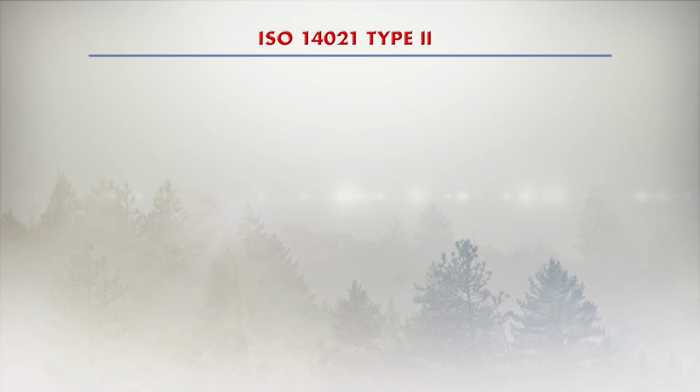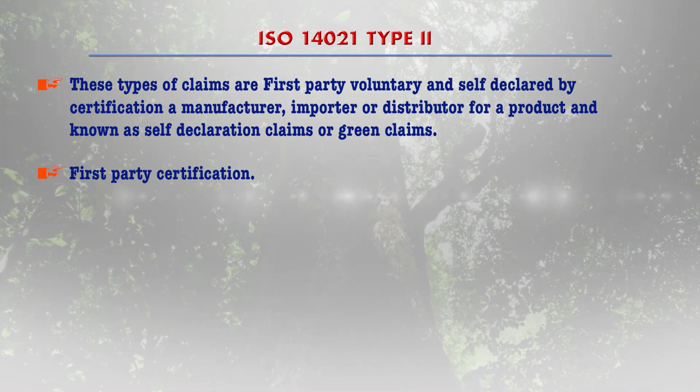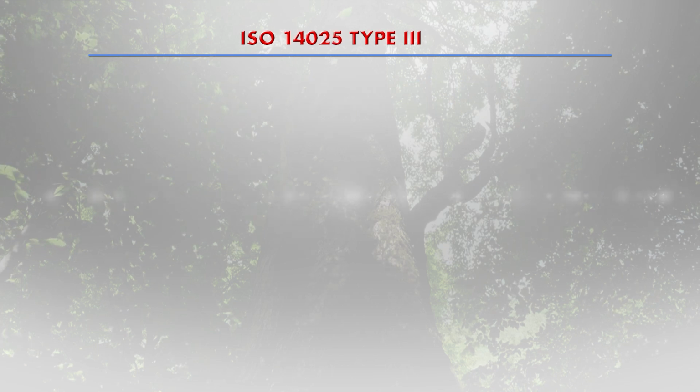ISO 14021, type 2. These types of claims are first party, voluntary and self declared by a manufacturer, importer or distributor for a certain product, and this is known as self declaration claims or green claims. This is a first party certification. Then we have ISO 14025, type 3.